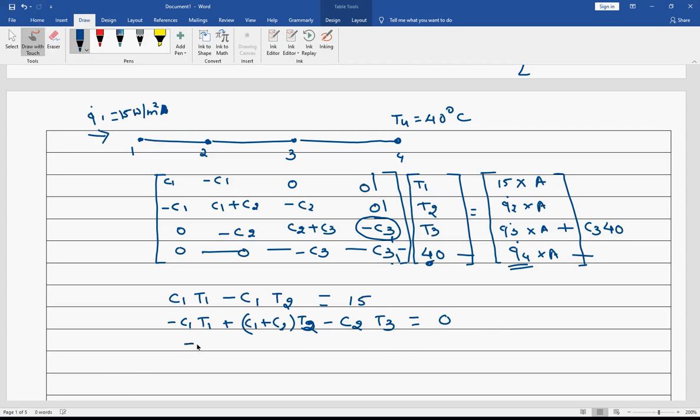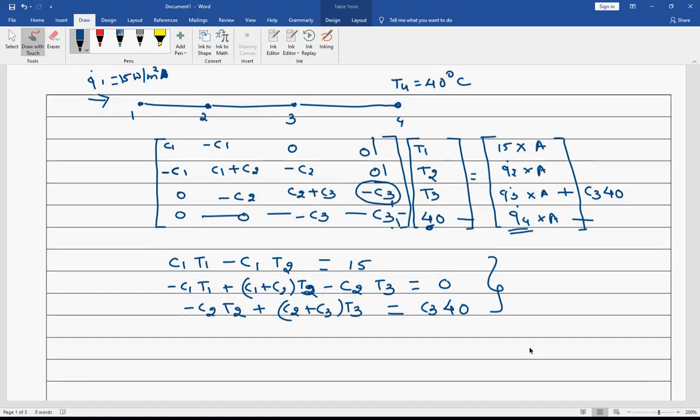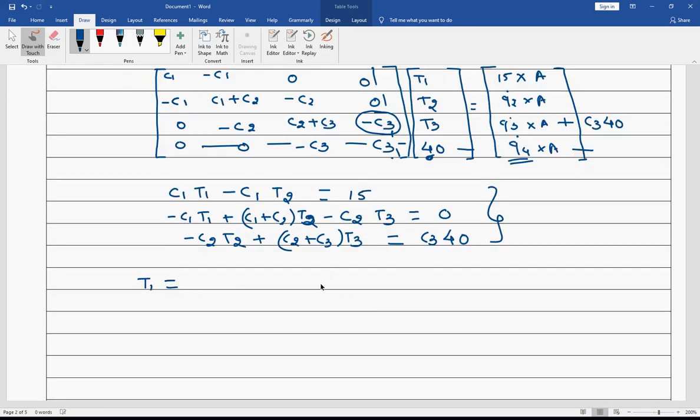And then minus C2 into T2 plus C2 plus C3 into T3 is equal to C3 into 40. So these are the three sets of equations which you can solve. Now just let me know the values of T1, T2 and T3. Okay, start doing.